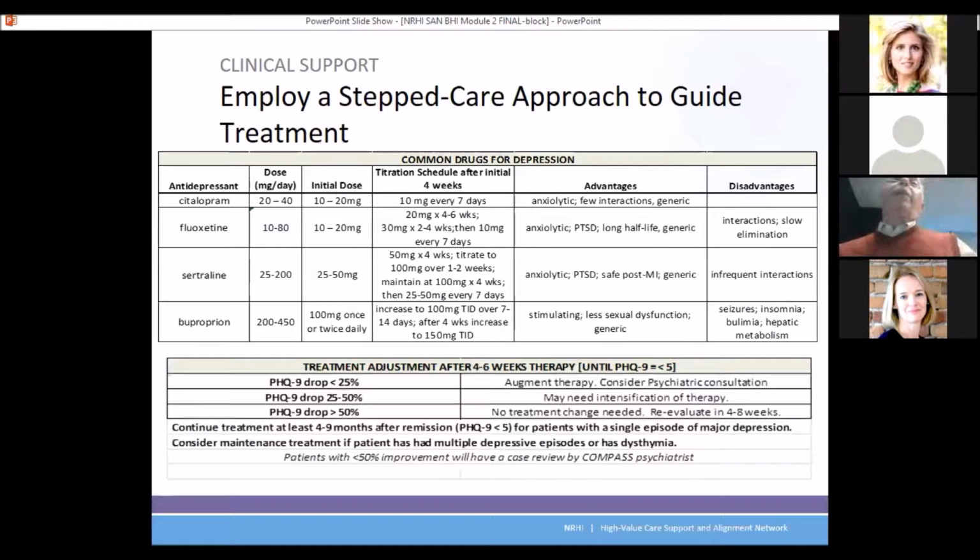So on the back of the PHQ-9 that we use when we're using the paper is for the clinician, we have guidelines about the various common drugs we use and also ways to augment and adjust therapy based on PHQ-9 responses. This makes it very easy for your clinical staff to take over responsibilities for patients with depression that don't require intervention by a psychiatrist or a behavioral health team.